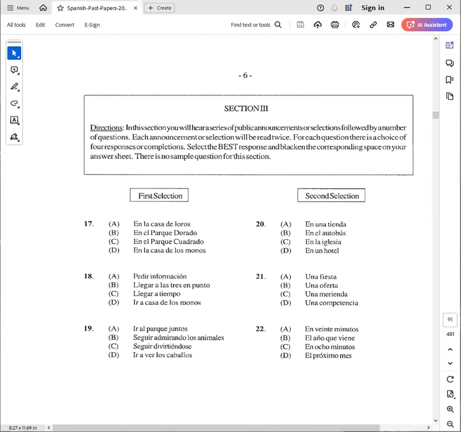Number 18. ¿Qué deben hacer las personas que quieren ver la exhibición? Number 19. Después de la exhibición, ¿qué pueden hacer las personas?